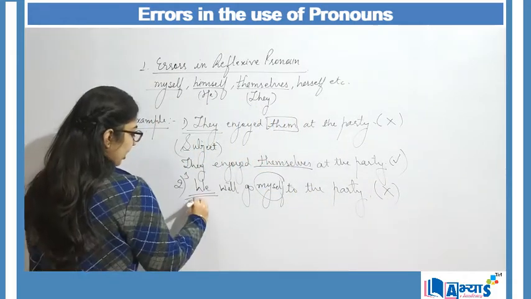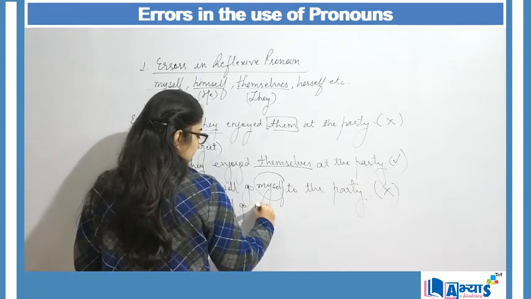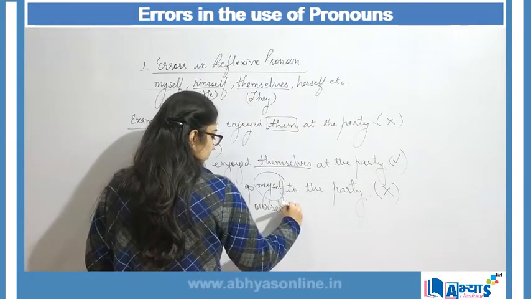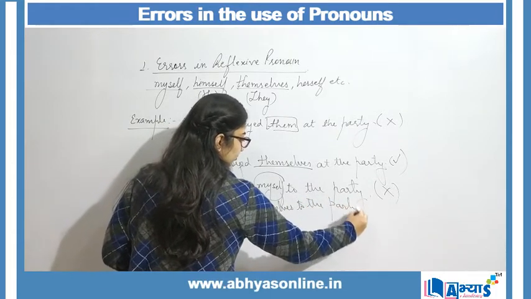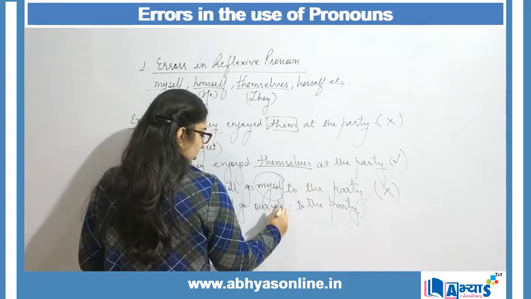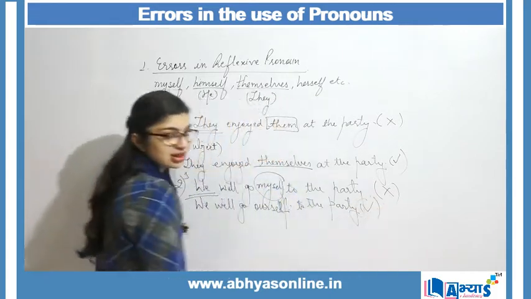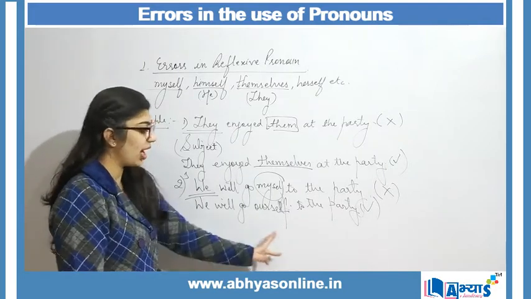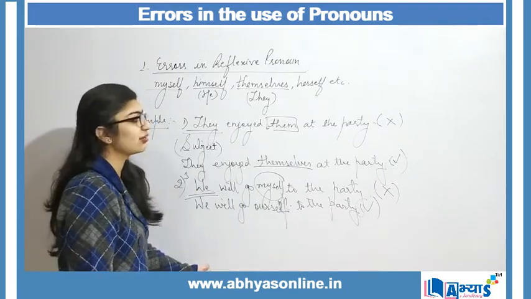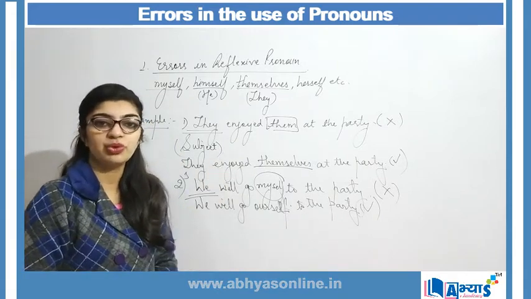Instead we will say we will go ourselves to the party. This is my correct sentence, because every person will go himself. So we will go ourselves to the party is the correct sentence. This is the error which is commonly made in reflexive pronouns.